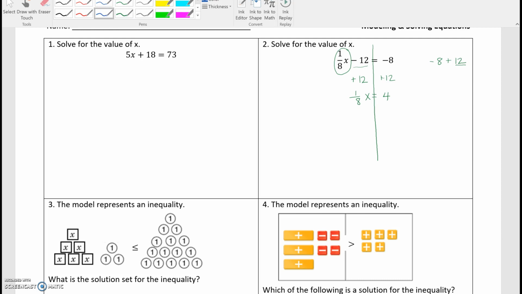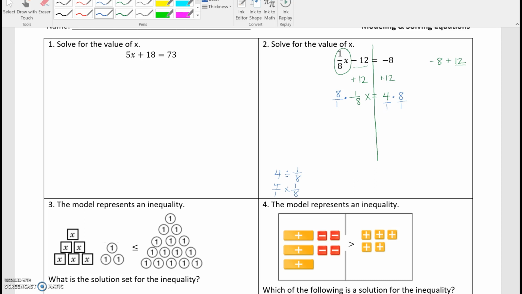So when you have a fraction here, remember that you are going to simply multiply by the reciprocal. If you have a fraction, you simply multiply by the flipped version. So if you remember, if we would have ended up doing 4 divided by 1/8, well, when we're dividing fractions, we keep it, we change it, and we flip it.